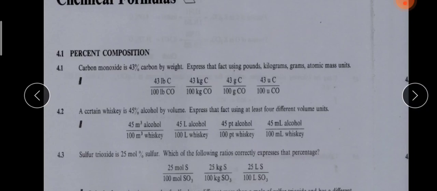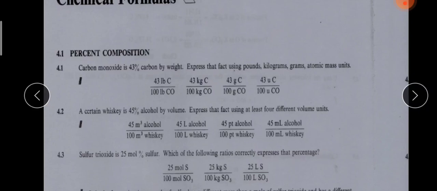Now you can say here it is by volume: 45 meter cube alcohol in 100 meter cube whiskey, or say 45 liter alcohol present in 100 liter of the whiskey, or 45 ml of the alcohol present in the 100 ml of whiskey. Like that. These are the 4 different ways you can express this particular thing.